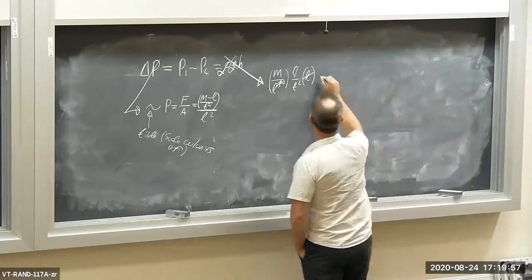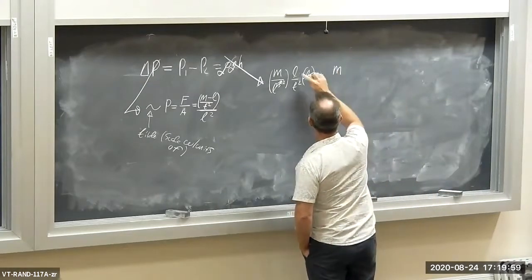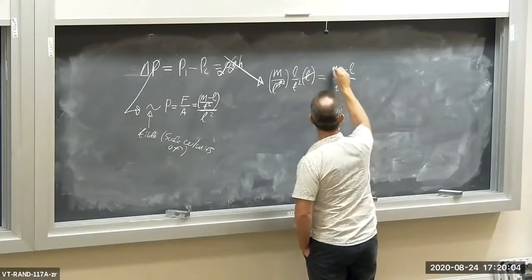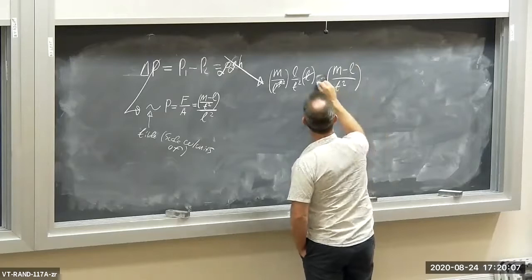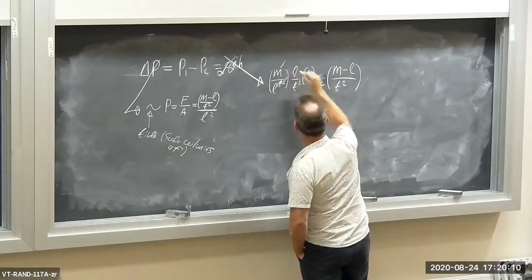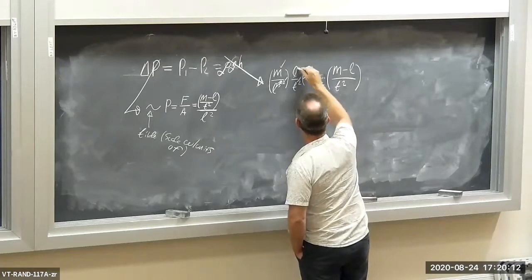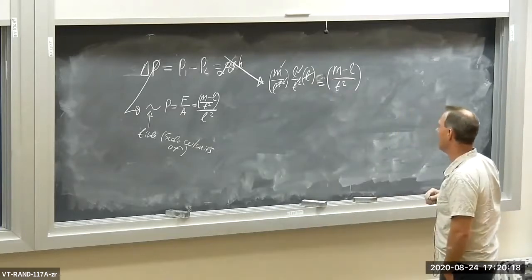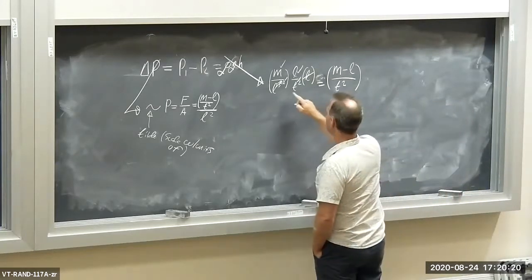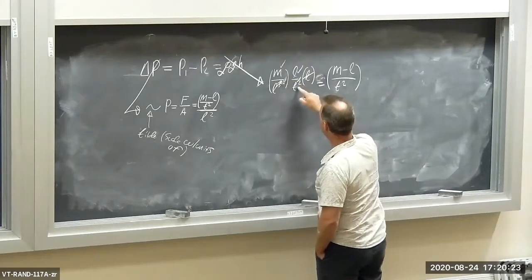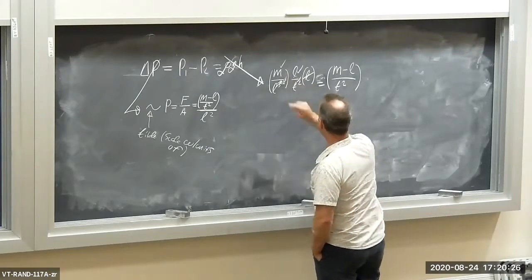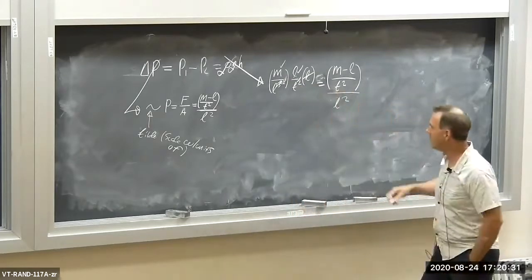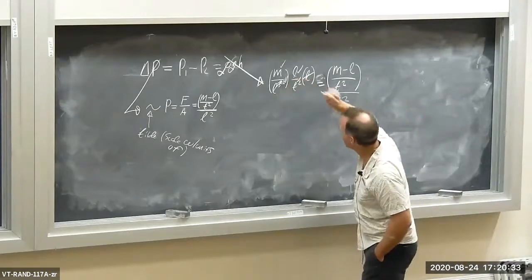Let's write what I got. Mass times a length over time squared. Time, length, and mass are gone. And then I have in the denominator, length squared. That takes care of this term. Check.